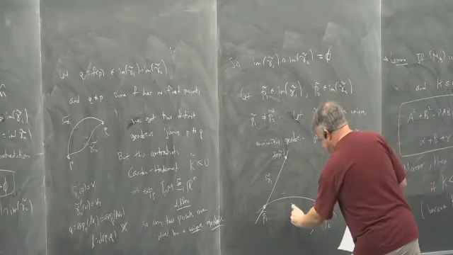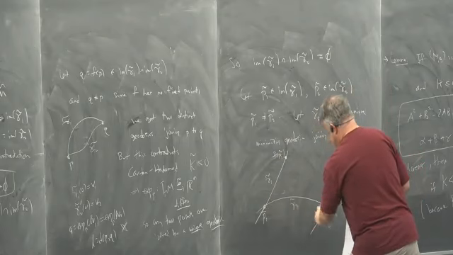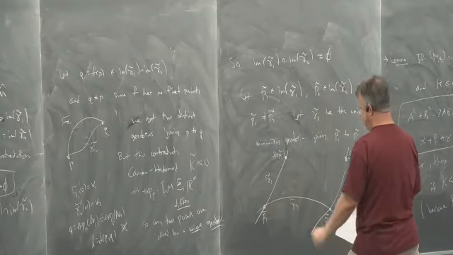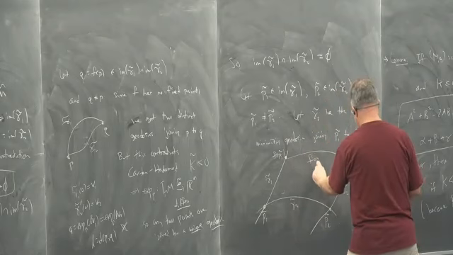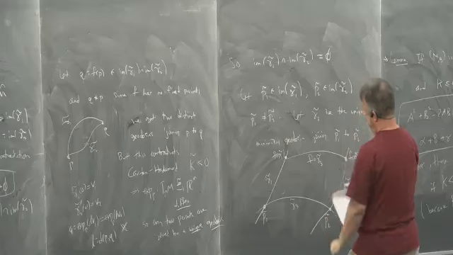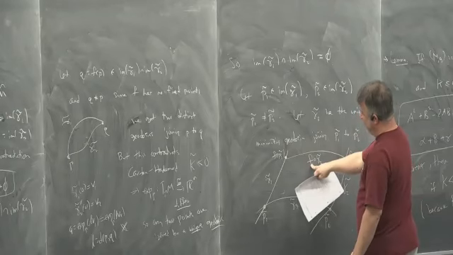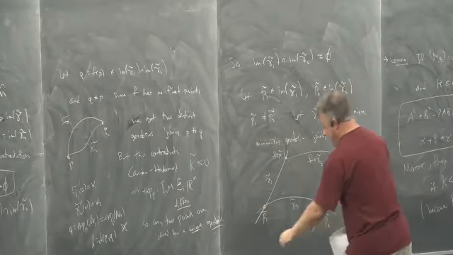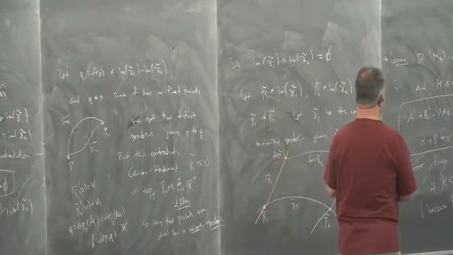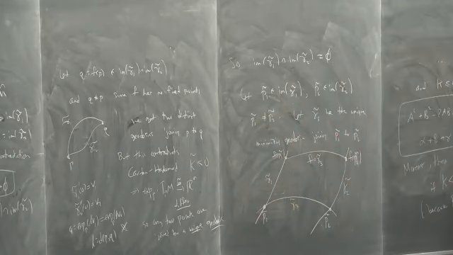And this one is gamma 3 tilde, the minimizing geodesic from P1 tilde to P2 tilde. Then I can also look at F composed with gamma 3 tilde. Because F is an isometry, that's going to be a geodesic, and of course it takes F of P1 tilde to F of P2 tilde. So this is a geodesic quadrilateral.